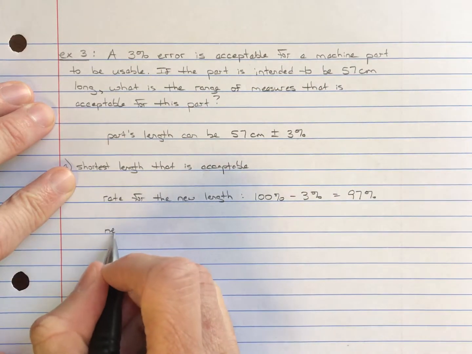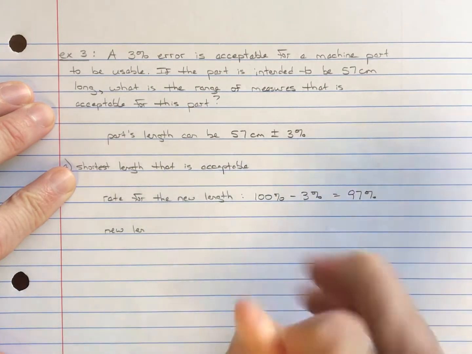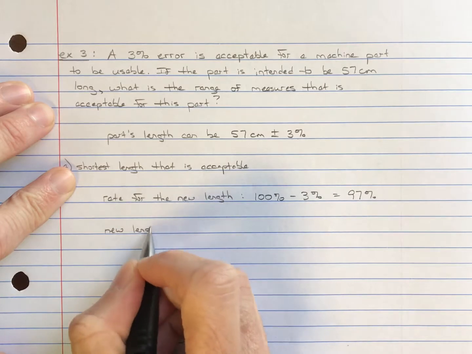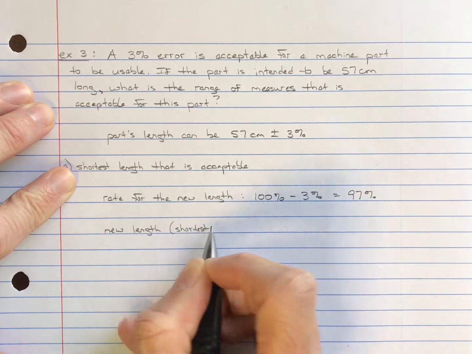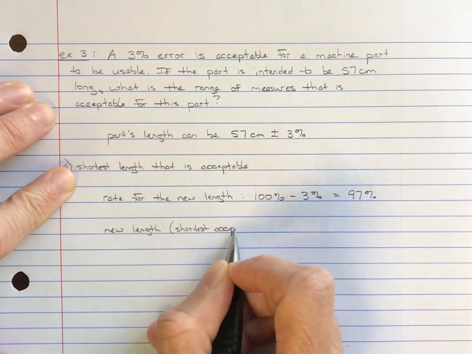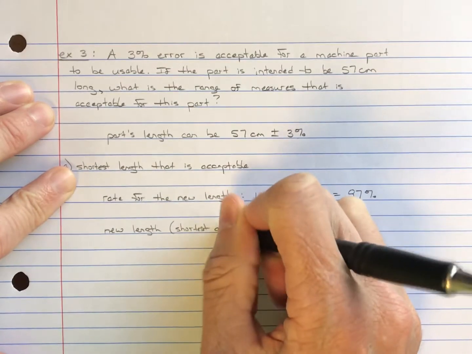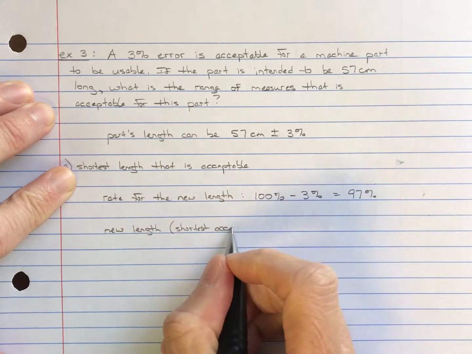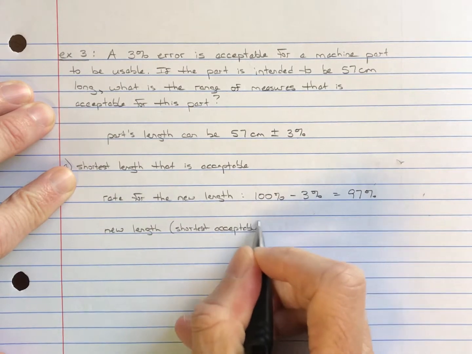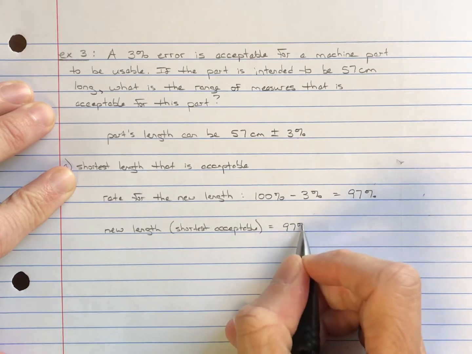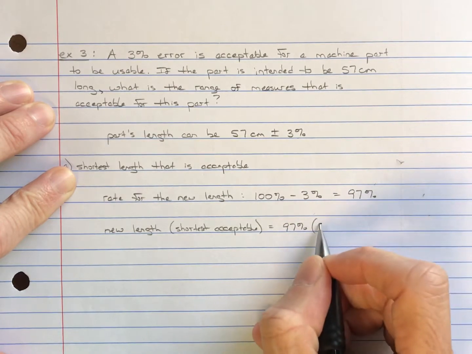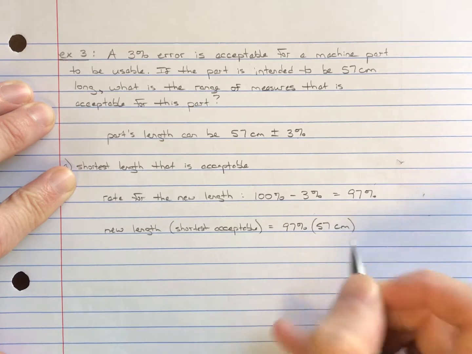Okay, so the new length, and we know this is the shortest acceptable, let's see if I can spell acceptable, is equal to 97% of the original 57 centimeters.